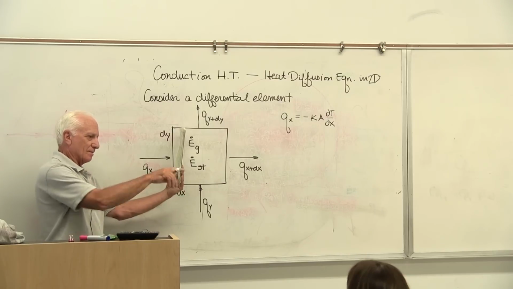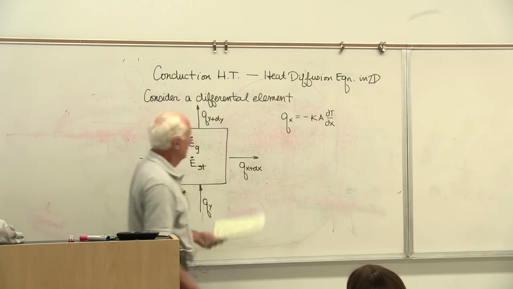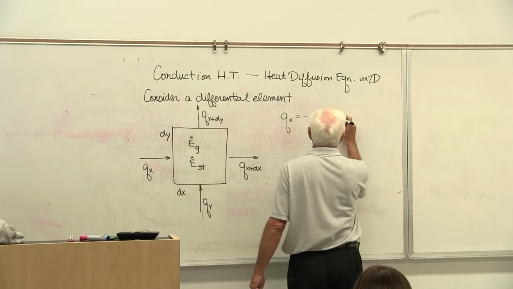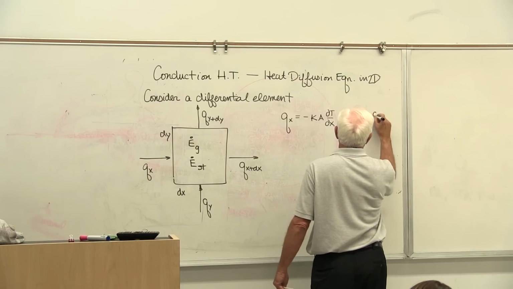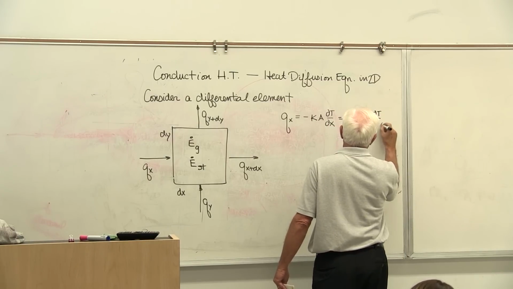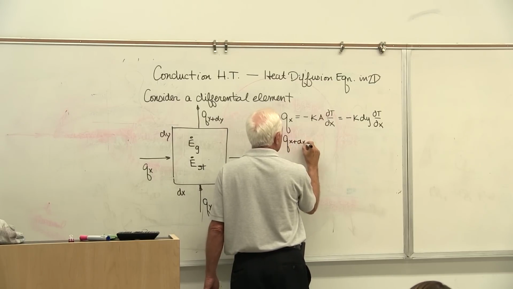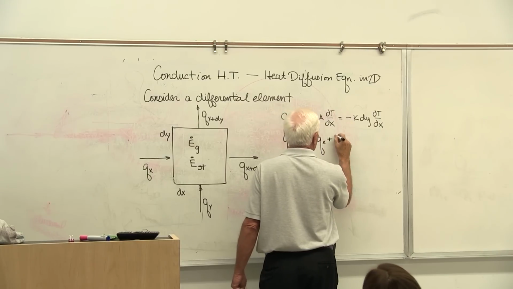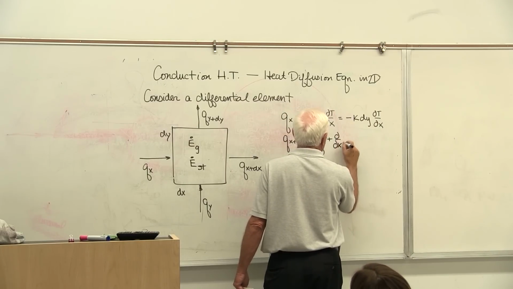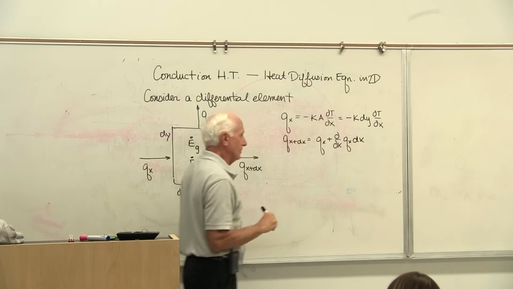Its length into the blackboard, we'll say dz is 1. So it's 1 times dy. Qx plus dx is equal to Qx plus the partial with respect to x of Qx times the distance you move in the x direction, which is dx.